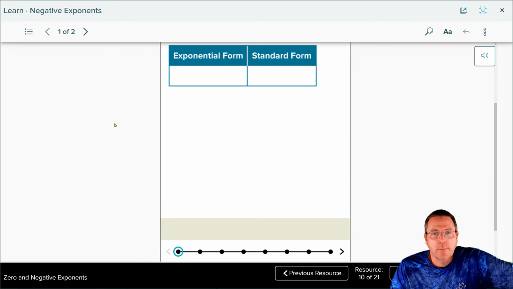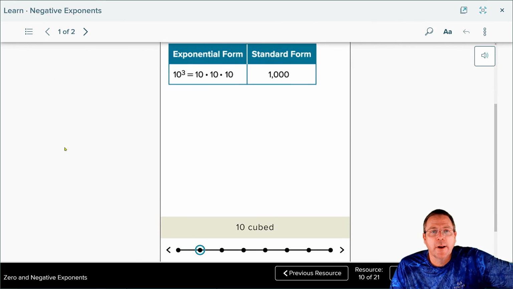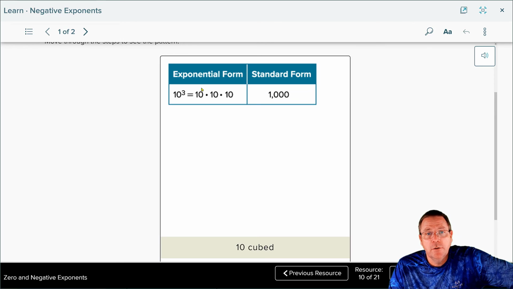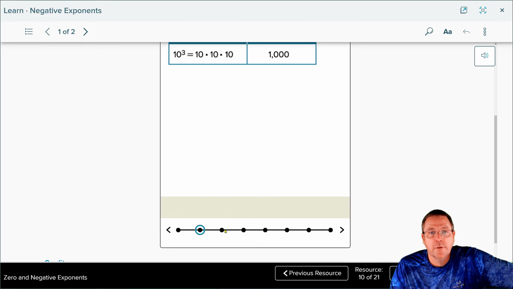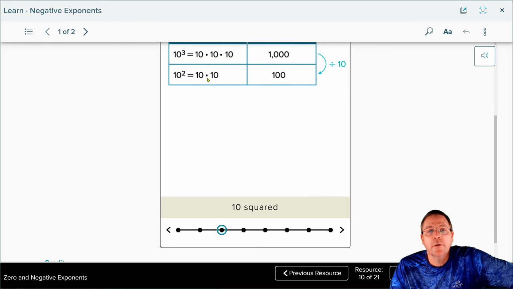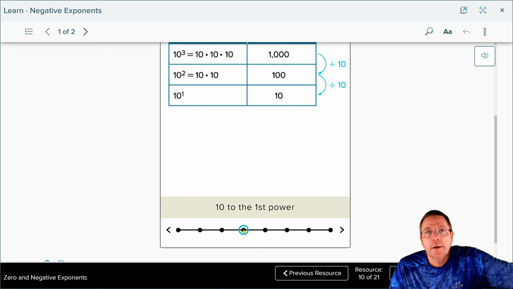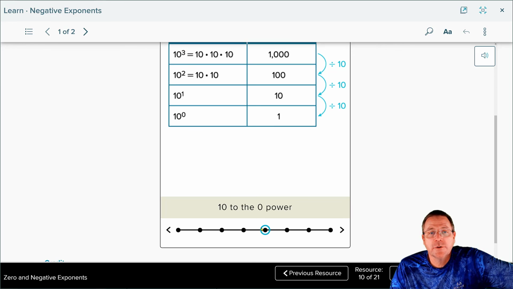And now we're going to move through some steps here to figure out how this works. So 10 cubed is 10 times 10 times 10, also known as 1,000. 10 squared is 10 times 10, which is 100. 10 to the first is just 10. 10 to the 0th, we've established, is 1.